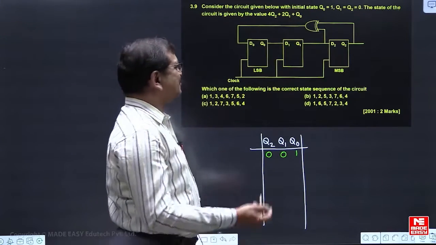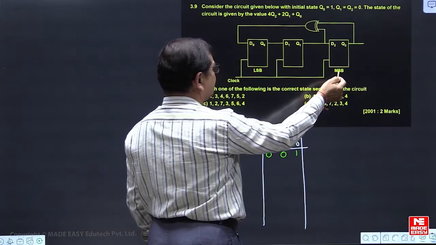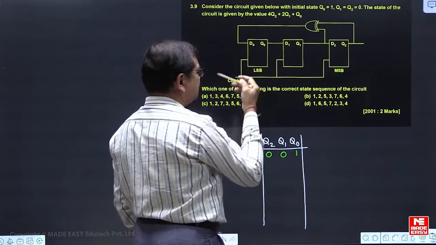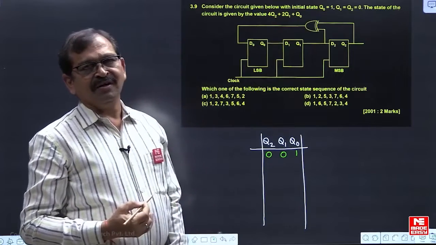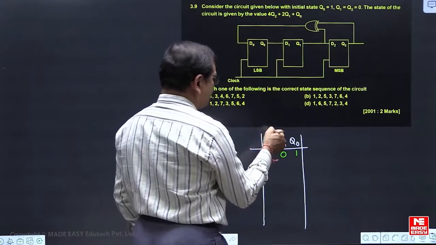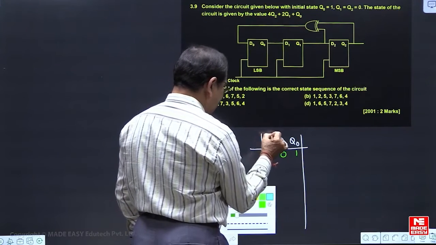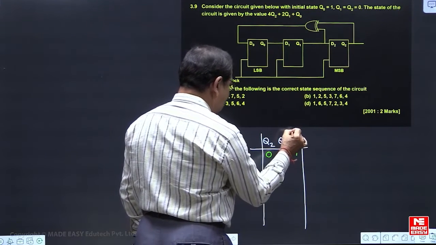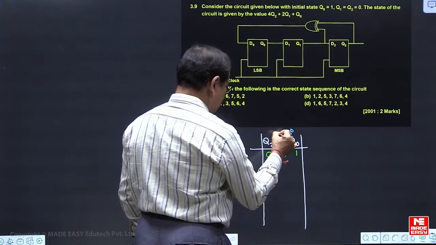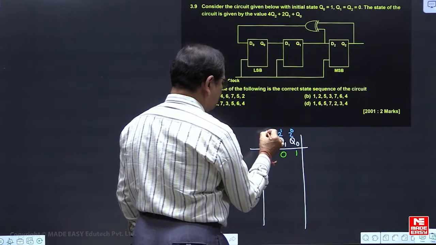So based on this, what is the meaning? Q2 flip-flop is the most significant bit flip-flop, and so on. The rightmost in this order is the least significant bit flip-flop. Because of these 3 flip-flops, the LSB will always be 2 to the power of 0, which is 1. For Q1 it is 2 to the power of 1, and for Q2 it is 2 to the power of 2.